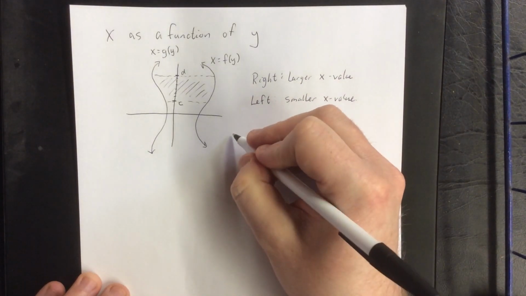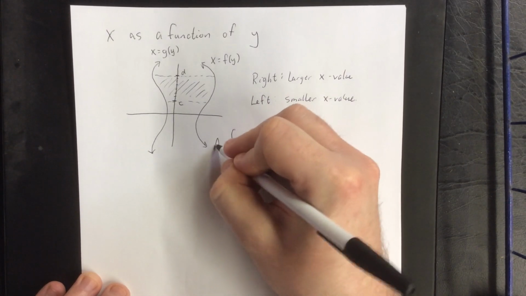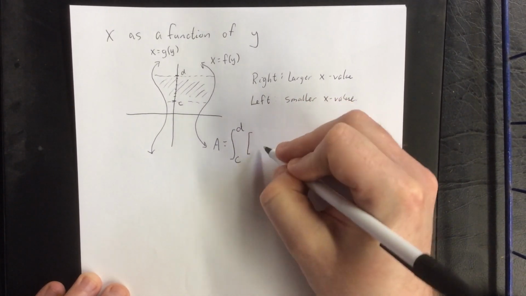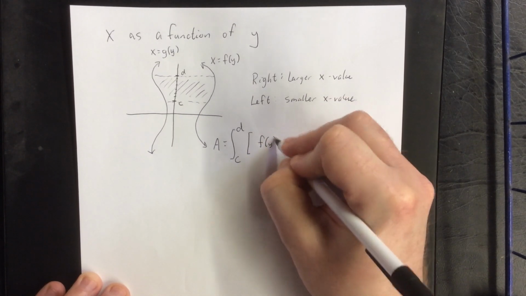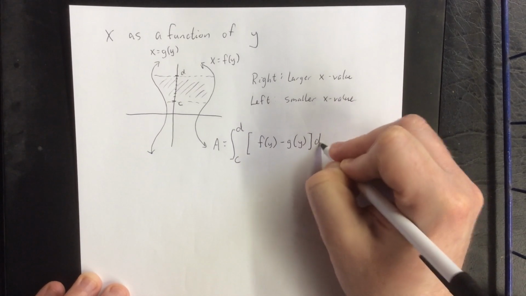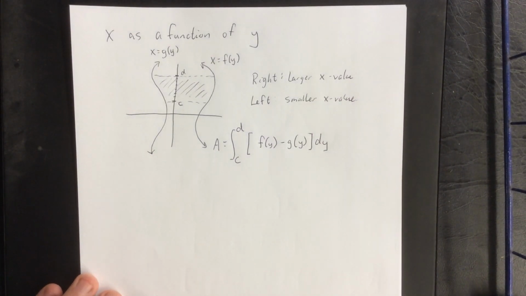The area in between these curves will be denoted as the definite integral from c to d of the right function minus the left function dy, no longer dx, and it is important to make the distinction between those.